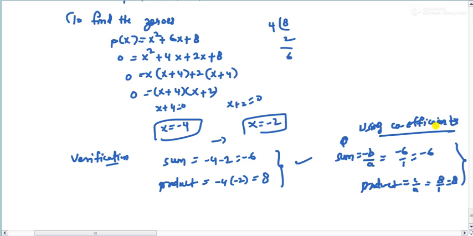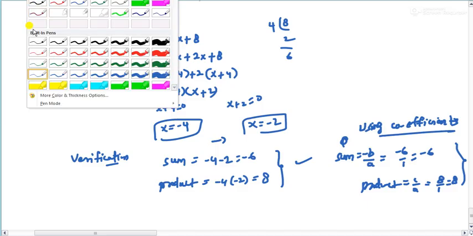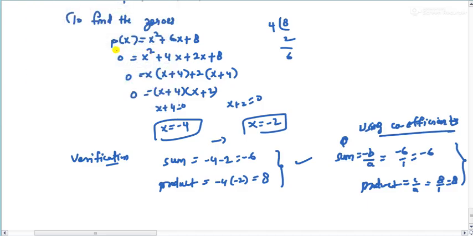I hope it's clear. Yes, any doubt? Using this value here we have already got the equation. See here, this is the equation we have, right?